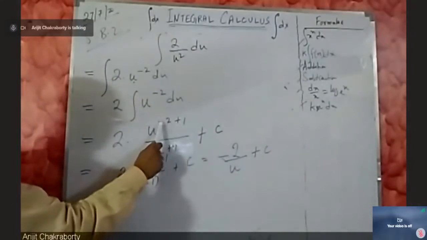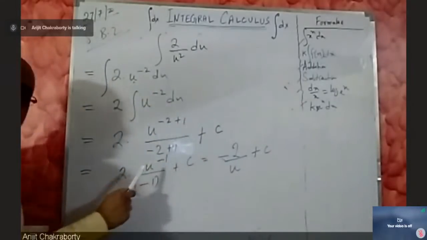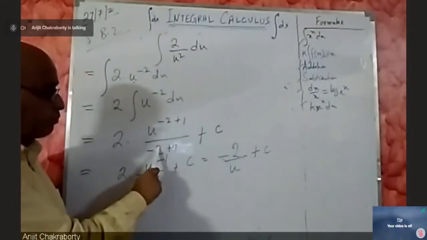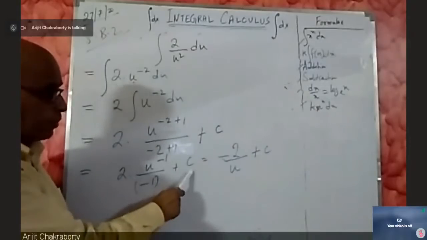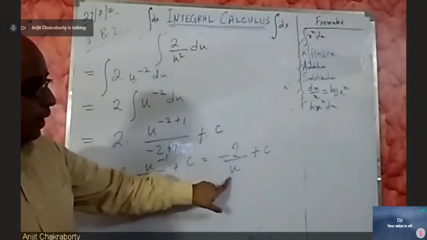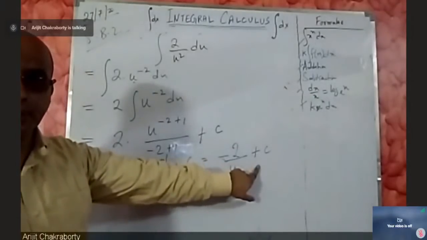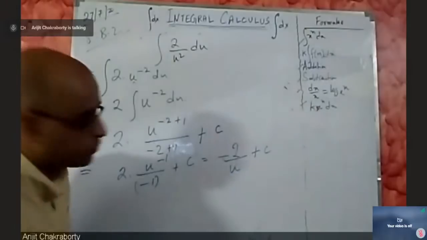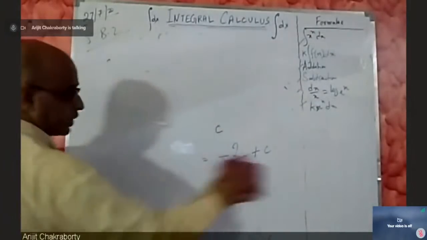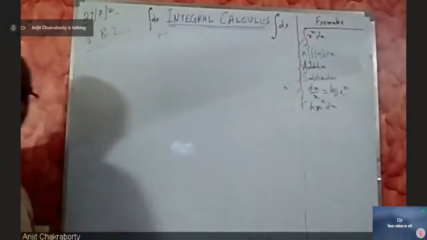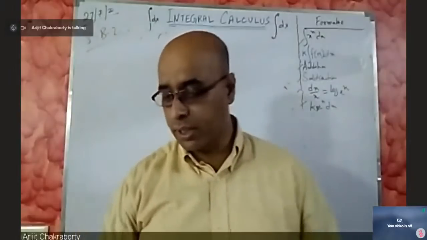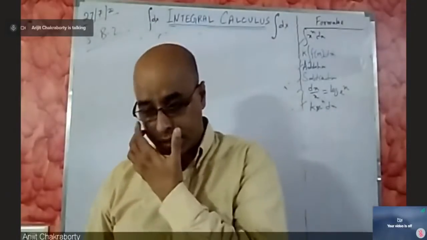Minus 2 plus 1 is minus 1, so you have 2 into u to the power minus 1 divided by minus 1 plus the constant c. This translates to minus 2 by u plus c. This is the solution to this particular integration problem. Many of these have come in the exams. I have taken a lot of problems here which came in the exam.